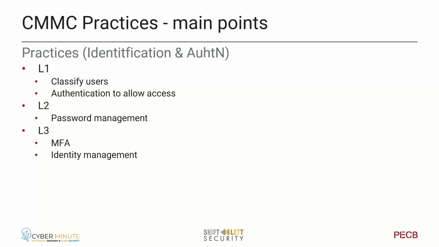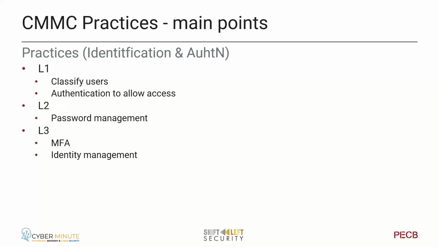So here you say, well, if you need access to something, you need to implement authentication. Bam, level 1. And then level 2 is, well, you need to manage the passwords. Strong passwords, multi-factor authentication, use password managers, don't write them down on a post-it and stick it on your screen, all that. So it's very important.